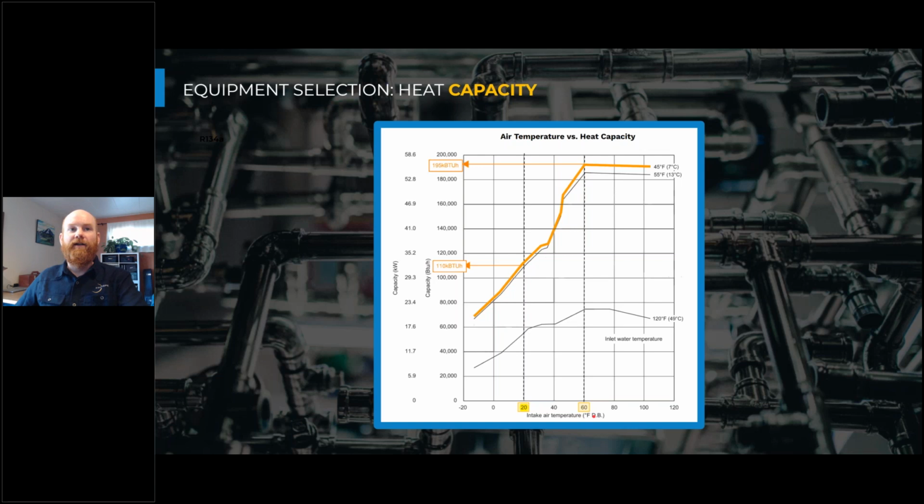When we actually look at the design conditions that heat pump will operate at, if it's going to be in Seattle, we're going to be closer to 20 degrees on our design day. We're only going to get 110 kBTU out of that heat pump water heater. So it's really critical for you, when you're sizing and specifying your system, to understand what the design air temperature is and how the equipment performance is impacted by that air temperature.